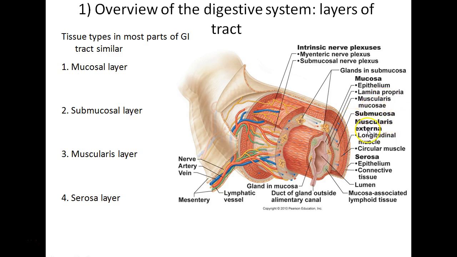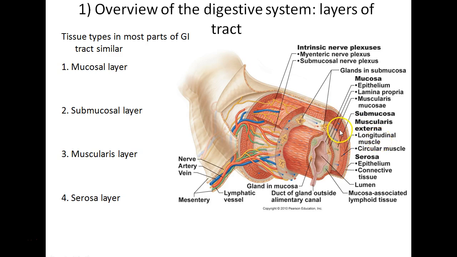In this layer, we see two layers of smooth muscle. The first layer is the longitudinal muscle, and the second layer of this external tunic is a circular muscle. If you make an observation on the diagram, perhaps you can see the circular fascicles of this circular layer, and perhaps you can see the longitudinal fascicles of the longitudinal layer.